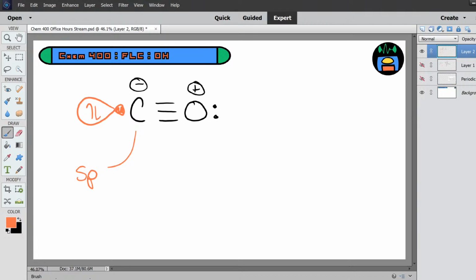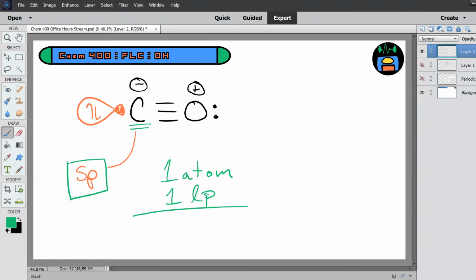All right, and then Kate, to answer your question, why is carbon sp hybridized? So when you are determining the hybridization, hybridization is a consequence of what the geometry is around that atom, how many electron groups, and around this carbon we have one atom attached to that carbon, and we have one lone pair, giving us a total of 2 electron groups.